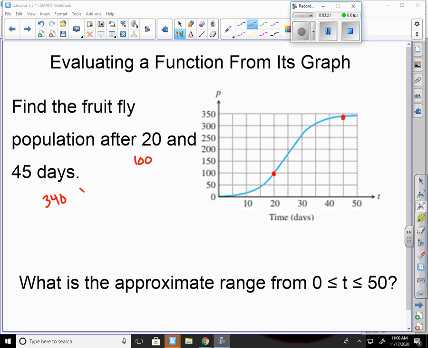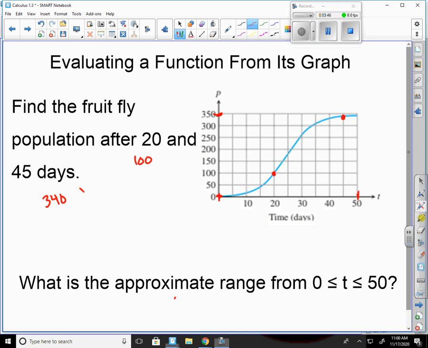Does it represent the x's or the y's? Exactly. Range represents the y's. So if I'm looking from x going from 0 to 50, what would my y values be? They would go from 0 up to 350.